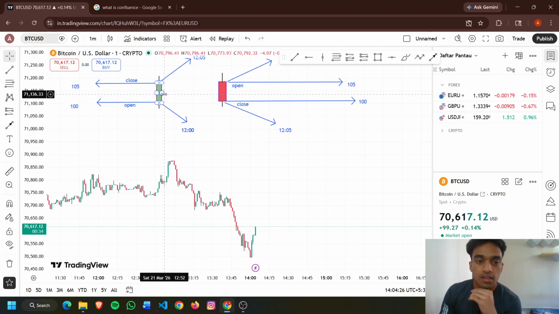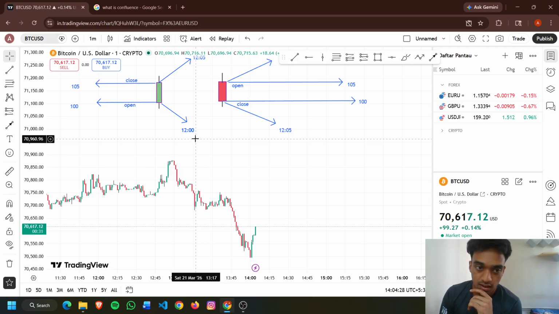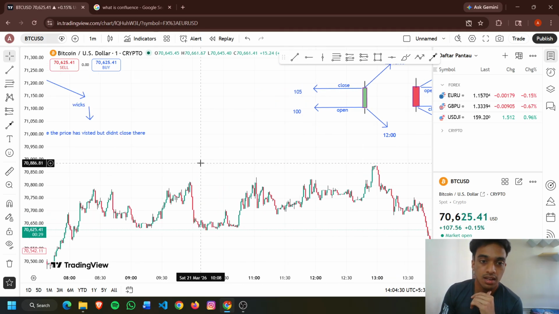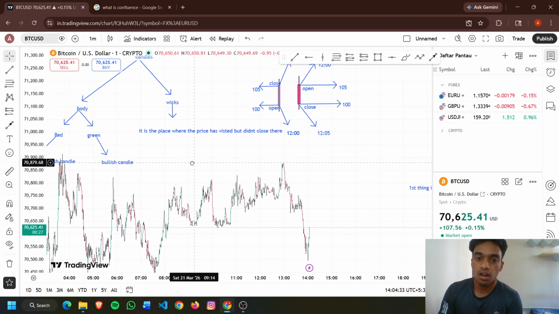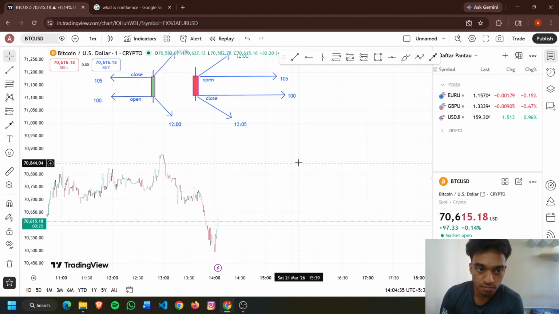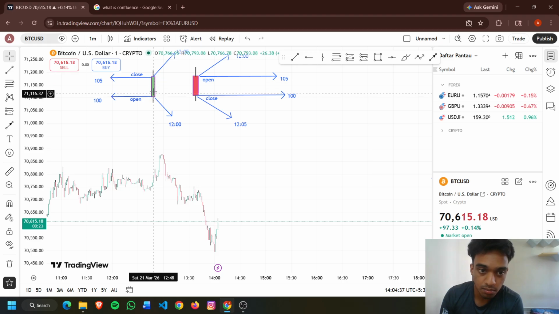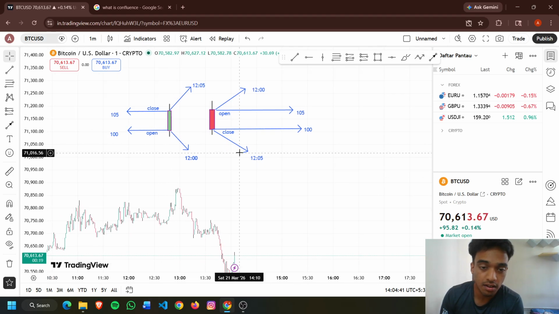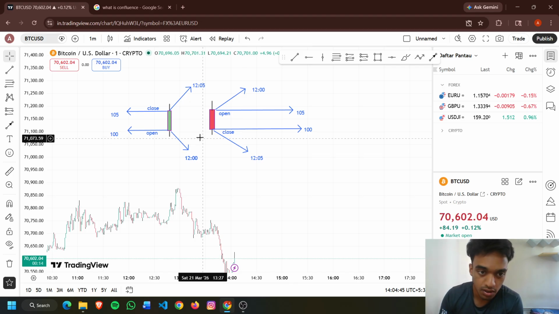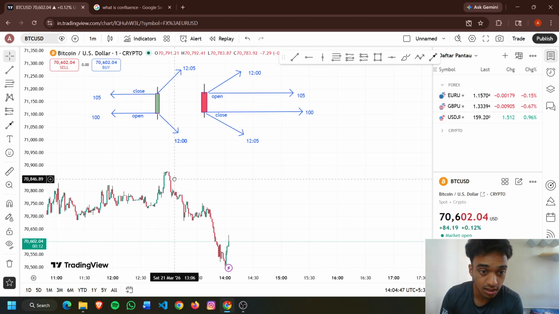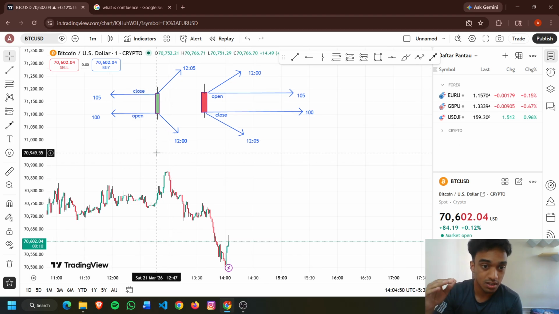So usually there is body and there is wick. What is a body of a candle? This is where the price actually closed inside. So first of all, just think about the green candle. Usually the green candle is called a bullish candle. What do bulls do?